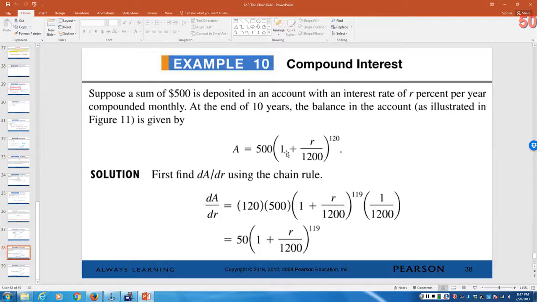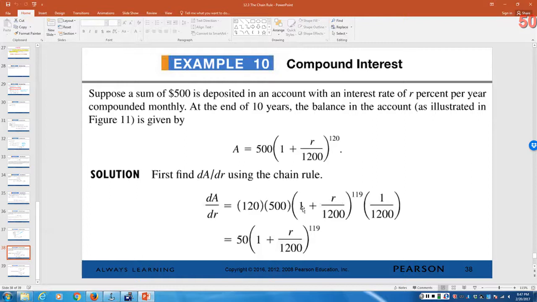So if I'm going to take this derivative, I bring the 120 down in front of the 500, and I reduce the 120 by 1, making it 119. Then I put the inside function back in the parentheses.